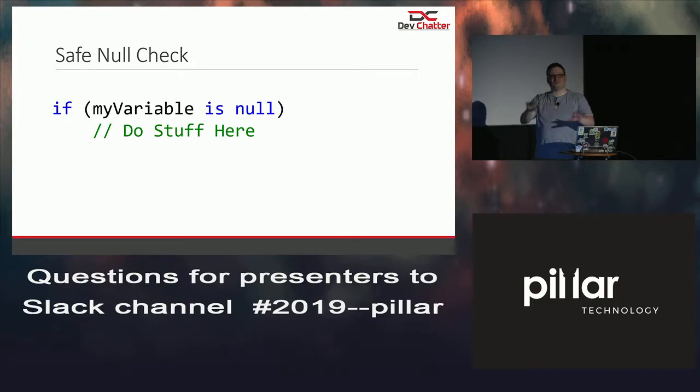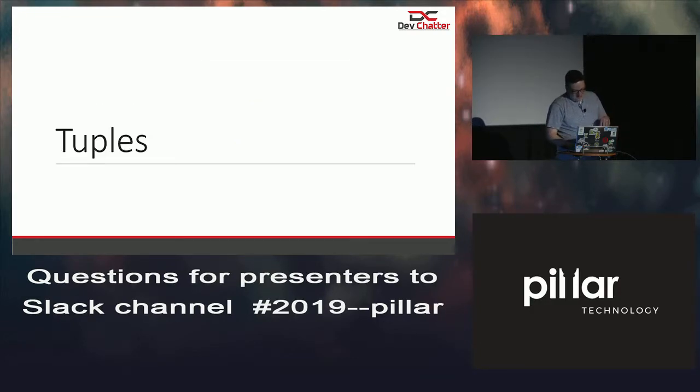It doesn't run an extra operation, doesn't call out to any extra methods, doesn't do anything else. It just checks, is it null? So if you are doing null checks, do this. It is the safest way to do that. It also prevents some troll from doing something horrible like overloading the equals operator to mess up on null checks, because you technically could write that. I don't know why you would, but hey, I don't judge. Maybe you like doing weird stuff with your operators.